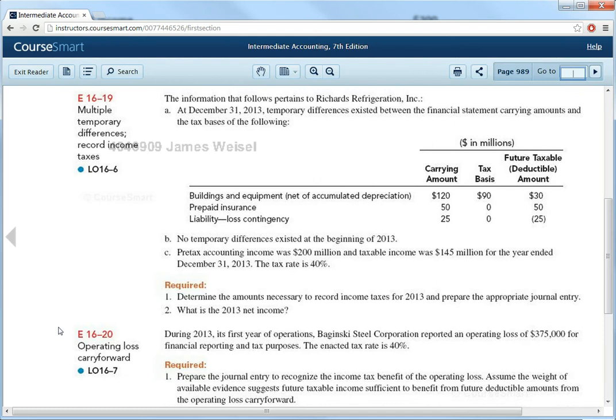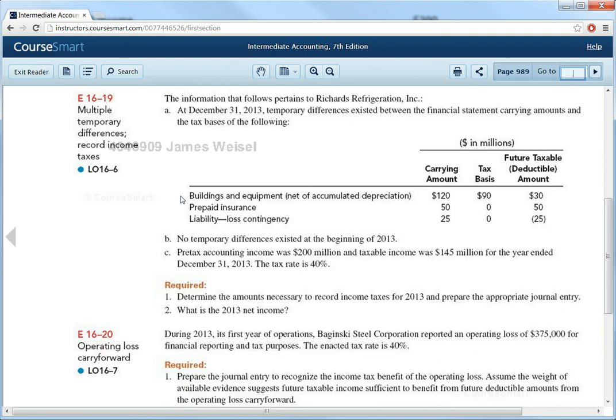Okay, so now I can move on to my first temporary difference, and that relates to the buildings and equipment. And what we're being told here is, here's the valuation basis of the buildings and equipment. And from that, we need to derive what our depreciation difference is.